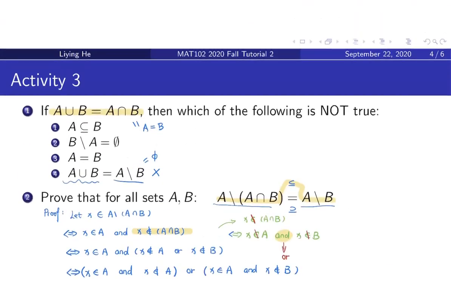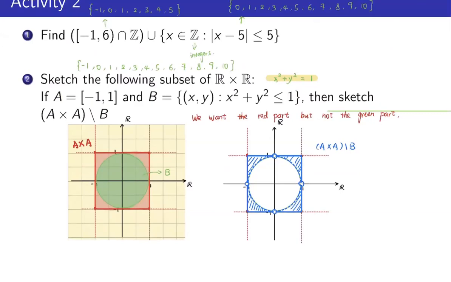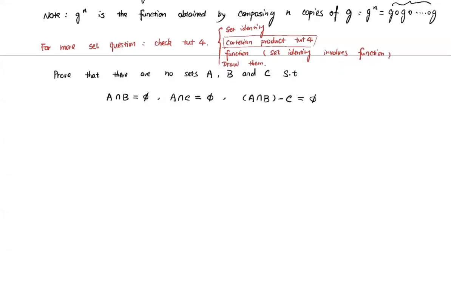I don't remember. Yeah, tutorial 2, activity 2. So make sure you know how to do that as well. This is tutorial 2. Check that. Okay, so this question, I'll write down my proof and I'll explain.